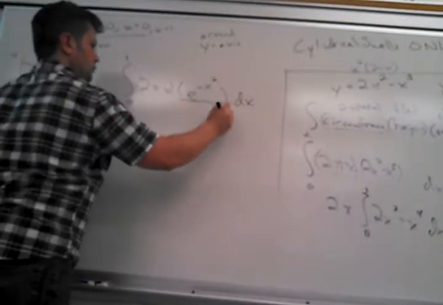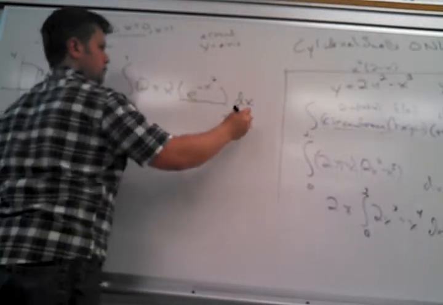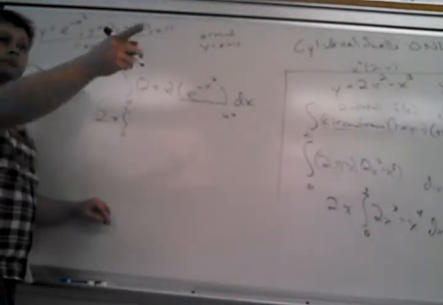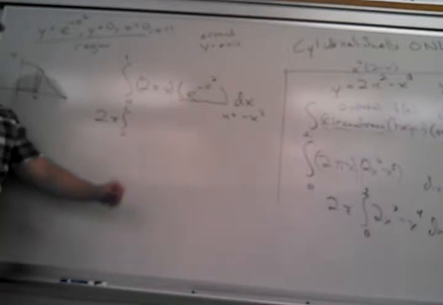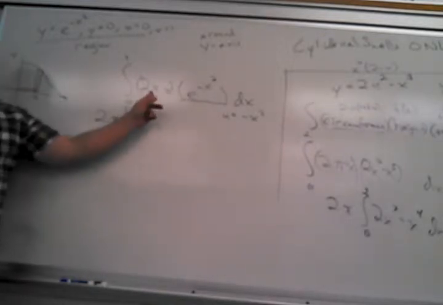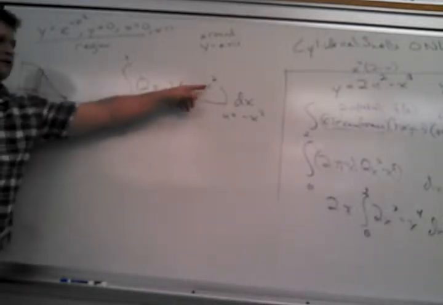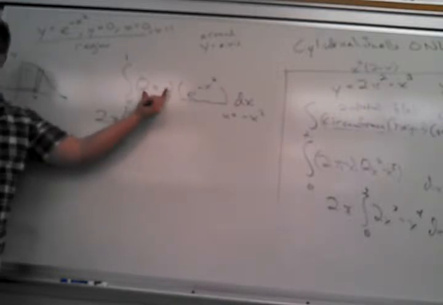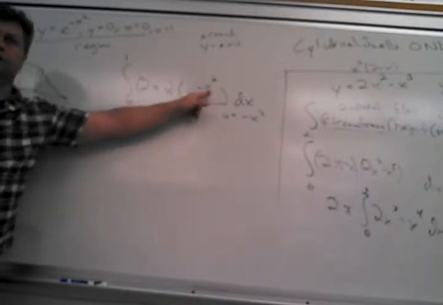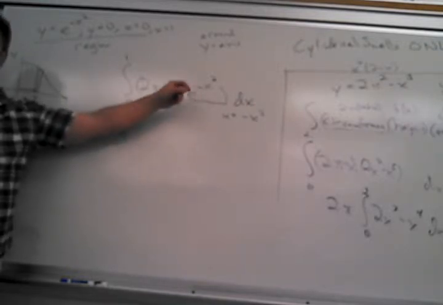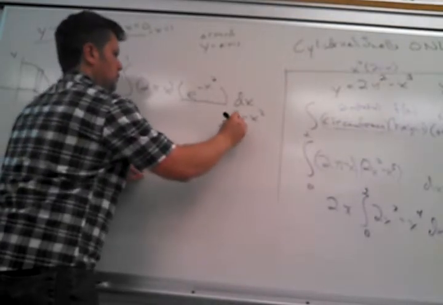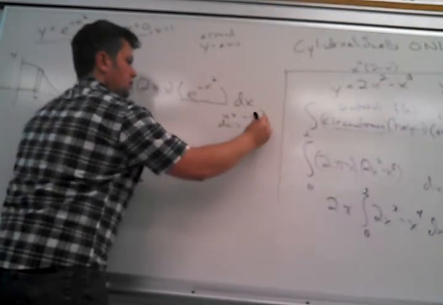What am I going to let u equal? Negative x squared, because the derivative of e to the negative x squared is not in here, but the derivative of negative x squared is basically in there. So I can't let u equal this whole thing. And du would just be negative 2x dx.